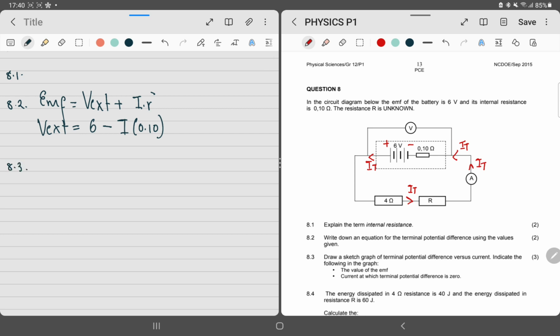8.3. Draw a sketch graph of the terminal potential difference versus current. Indicate the following in the diagram: the value of the EMF and then the current at which the terminal potential difference is 0.